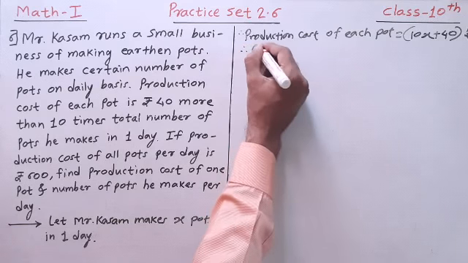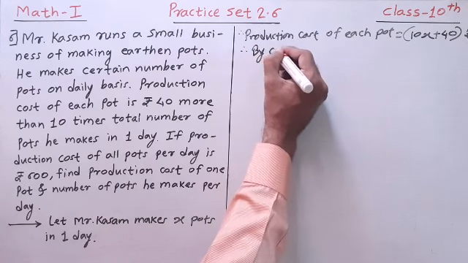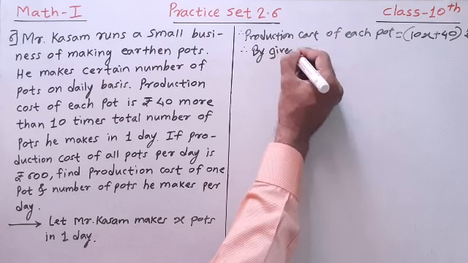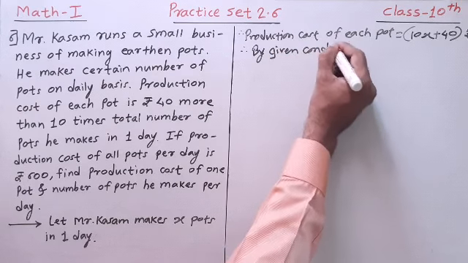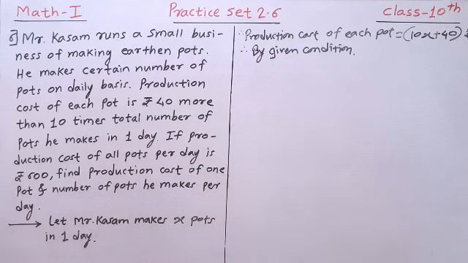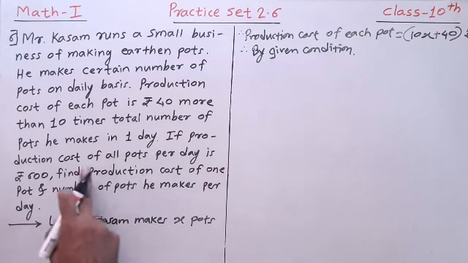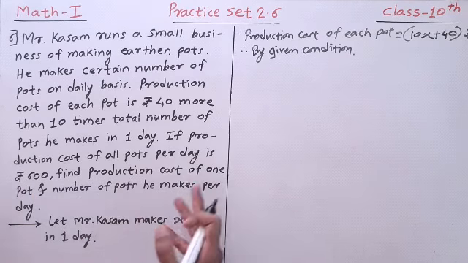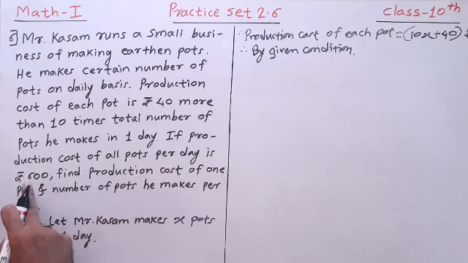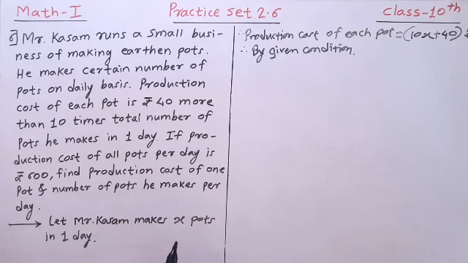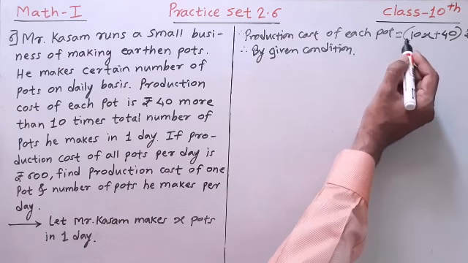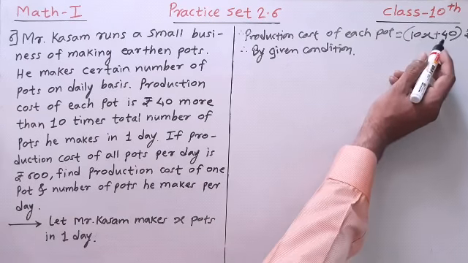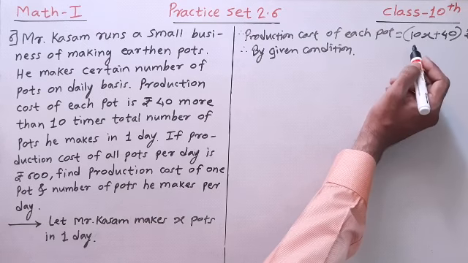Now by the given condition, what condition is given? The production cost of all pots per day is rupees 600, meaning whatever pots he makes in one day, the production cost of all the pots is rupees 600. How can we write this condition? The total number of pots is X and the production cost of each pot is 10X plus 40.